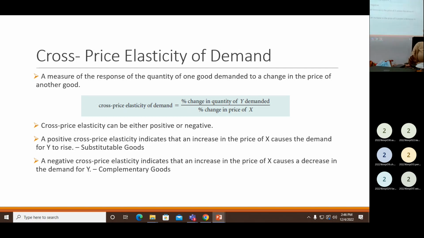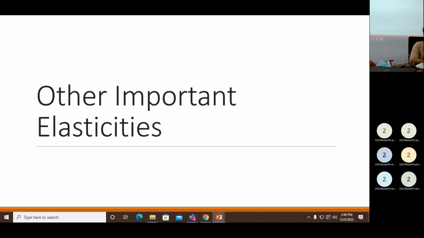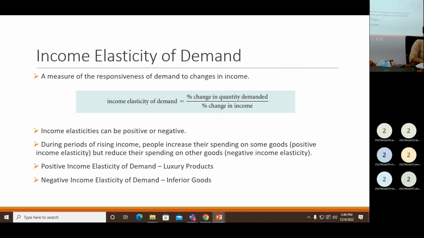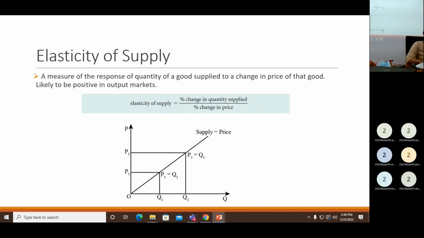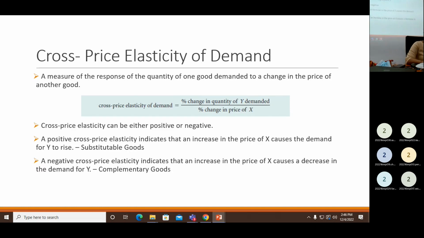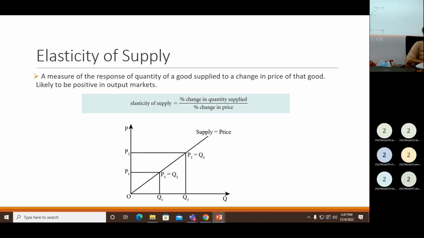So we talked about income elasticity of demand and cross price elasticity of demand as other elasticities. And the other very important elasticity we will discuss is elasticity of supply.